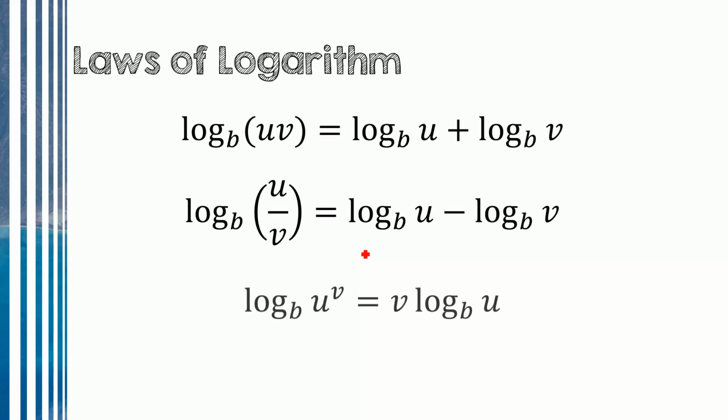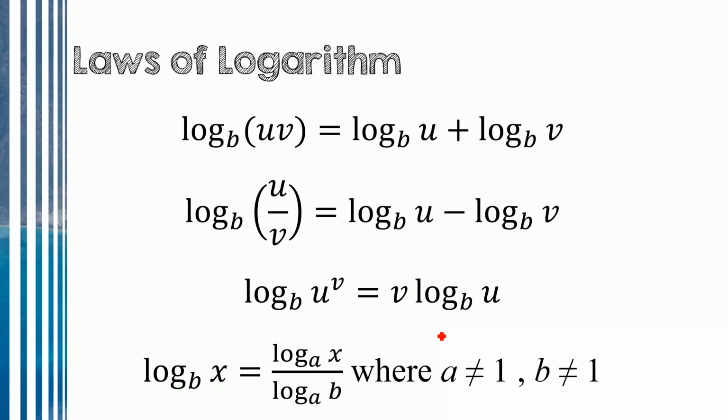Now, the log of u raised to v with base b is equal to v times the log of u with base b. So in other words, the exponent is written before the logarithm.